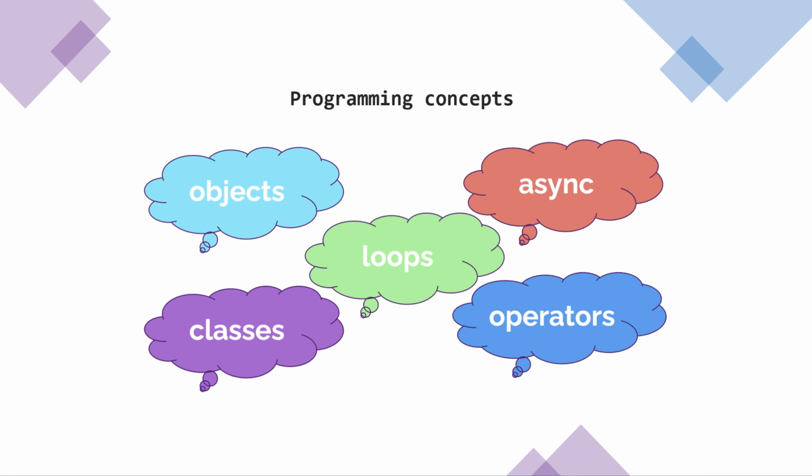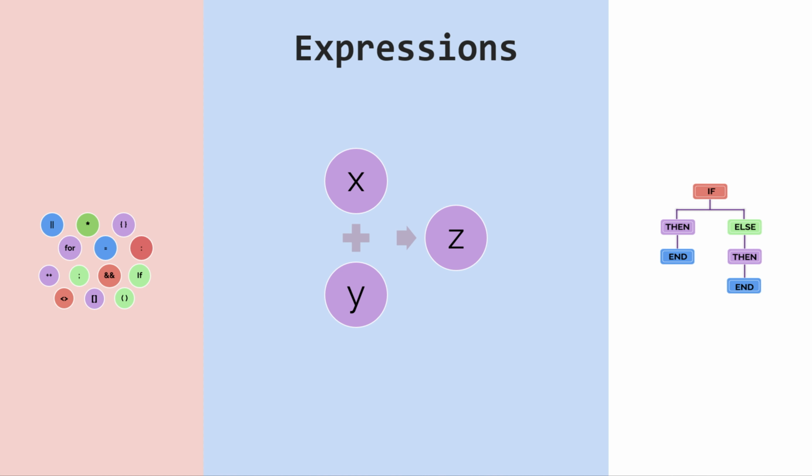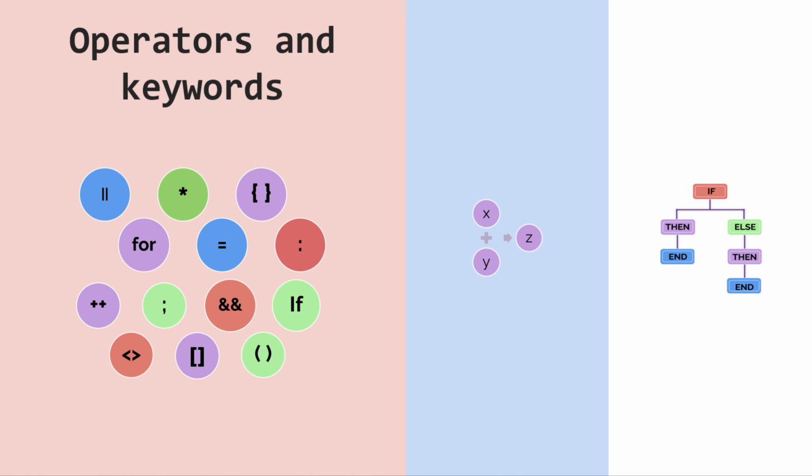What are the building blocks of a computer program or an algorithm? So basically, the building blocks of any algorithm are expressions. These expressions can be arithmetic expressions, logical expressions, and so on. These expressions are composed of operators and operands, or with certain keywords.